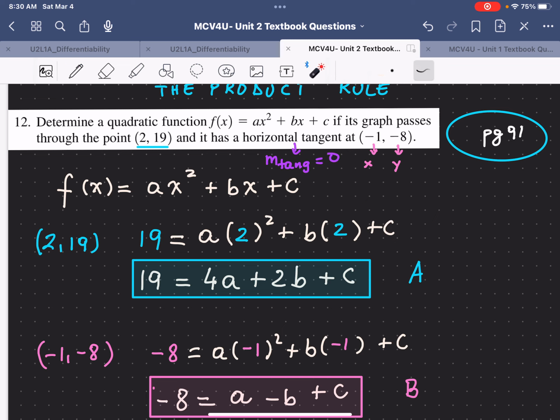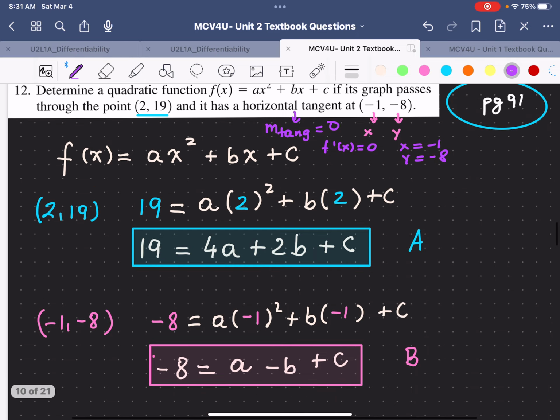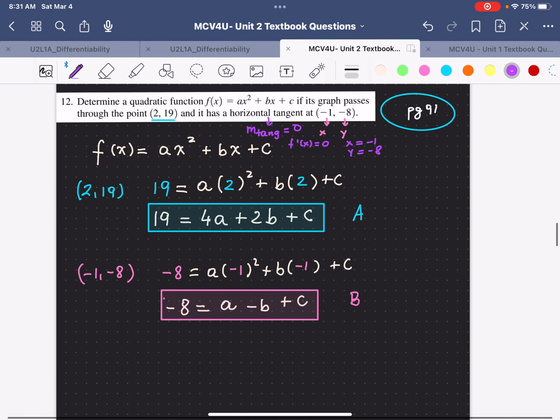So what else does the term slope of a tangent remind us of? Well, slope of the tangent is a derivative. So what that means is that the derivative f prime of x must be equal to 0 at x equals -1, y equals -8.